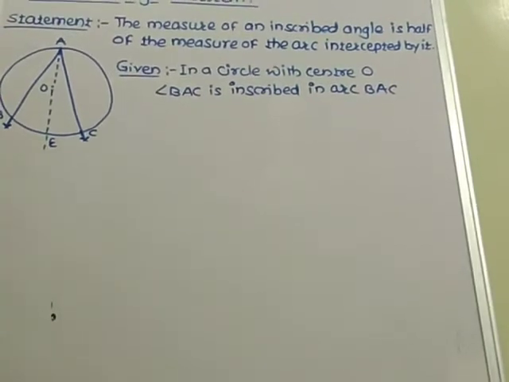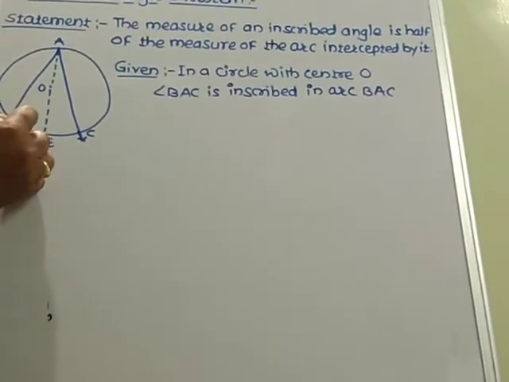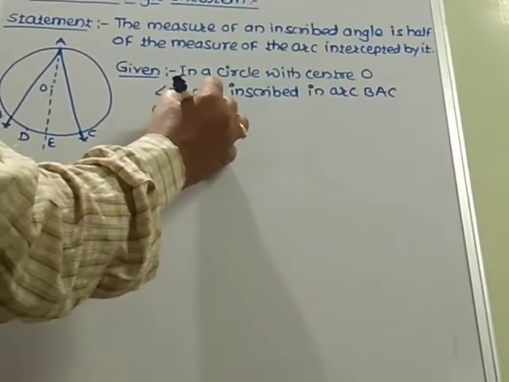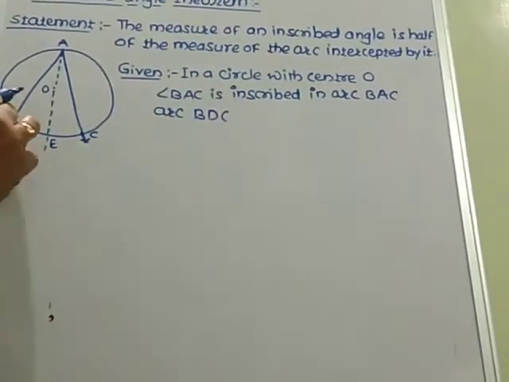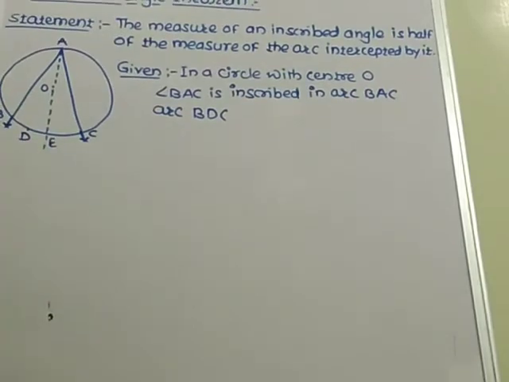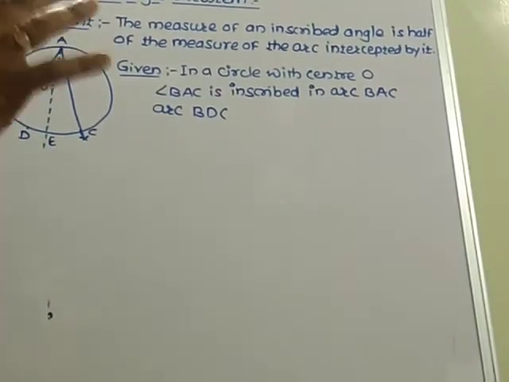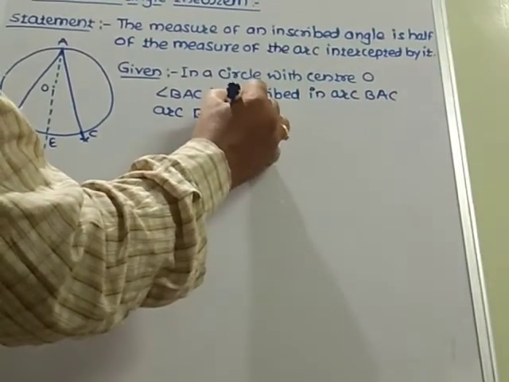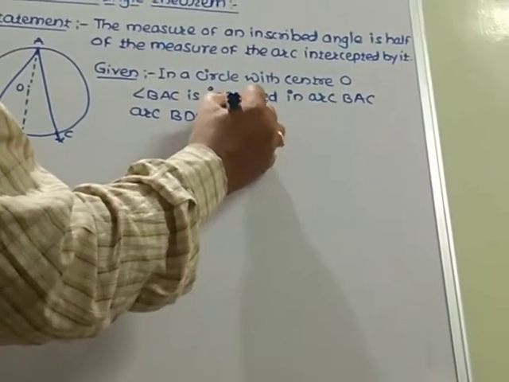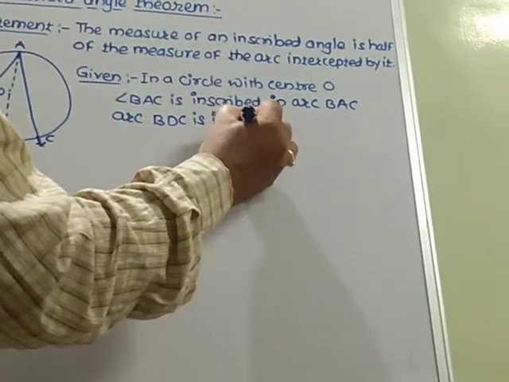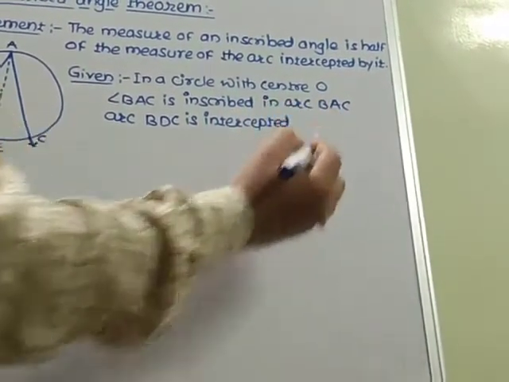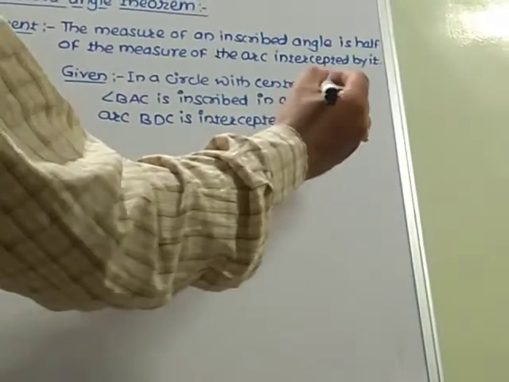Arc BDC, here this is one of the points. Arc BDC, that means from this BDC is intercepted by the angle.